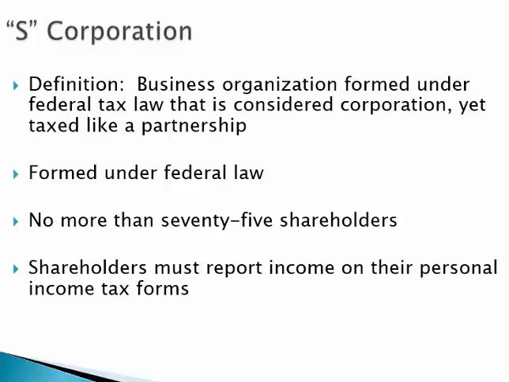Shareholders report income as personal income, and the corporation is formed under federal tax law. It's considered a corporation for liability purposes and for management and control purposes, but for tax purposes, it functions like a partnership.